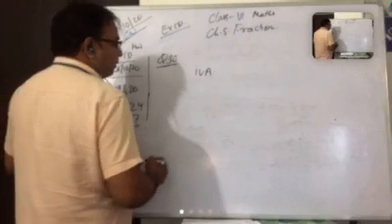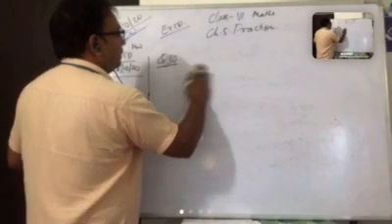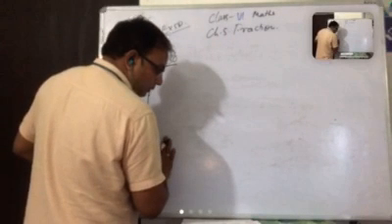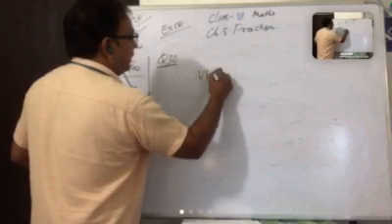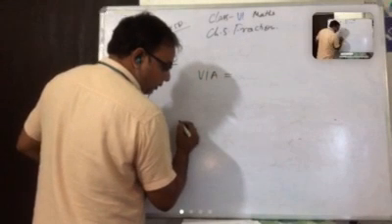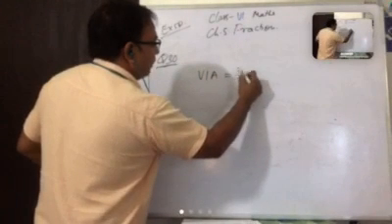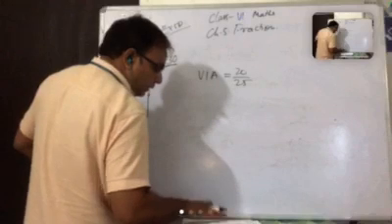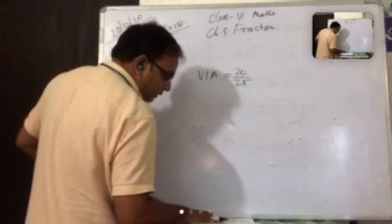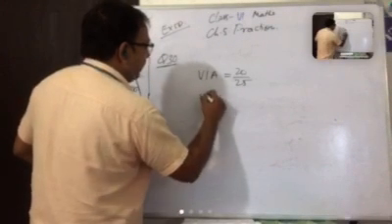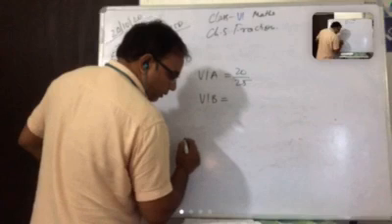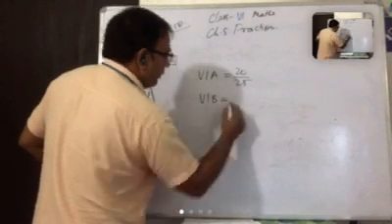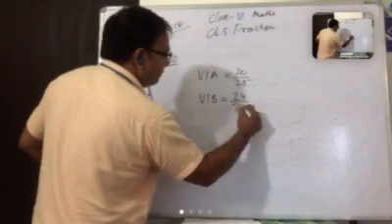Good. So class 6A is equal to 20 upon 25 and class 6B is equal to 24 upon 30.